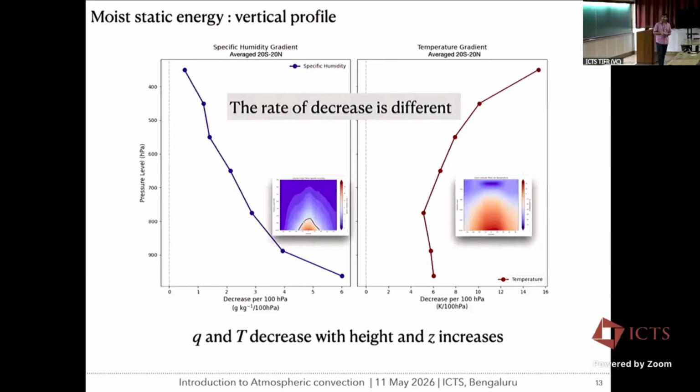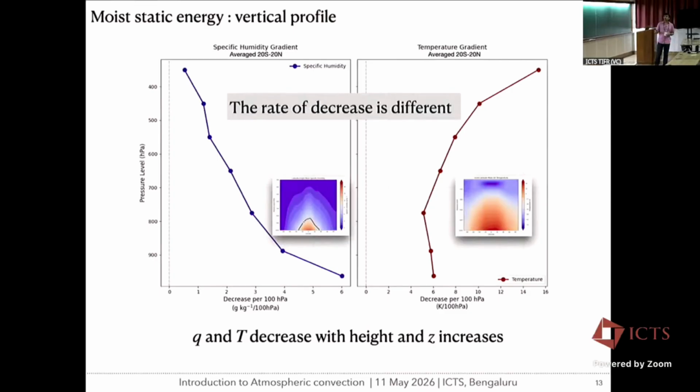And what we see, like we saw in the zonal profiles, is a more visual way of telling that moisture decreases faster compared to temperature. Specifically, at the bottom levels, it decreases pretty fast. And temperature stays steady up to a certain level and starts decreasing thereafter.